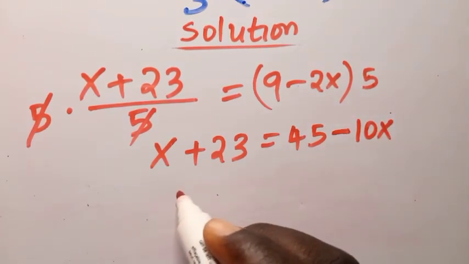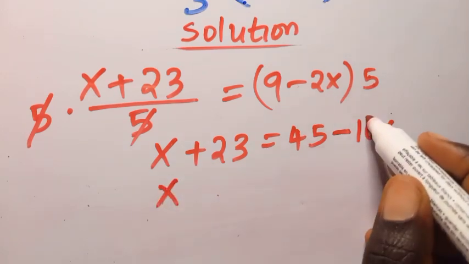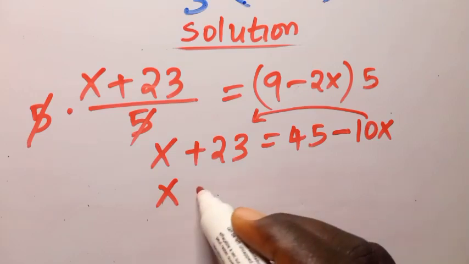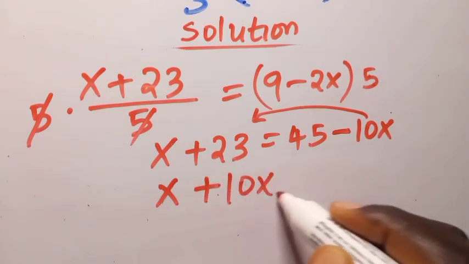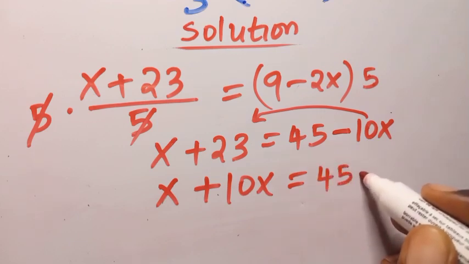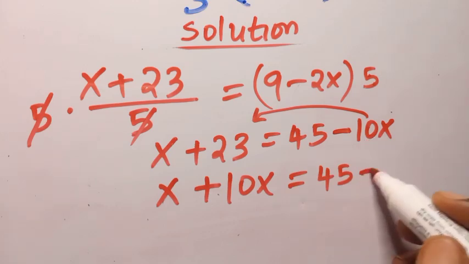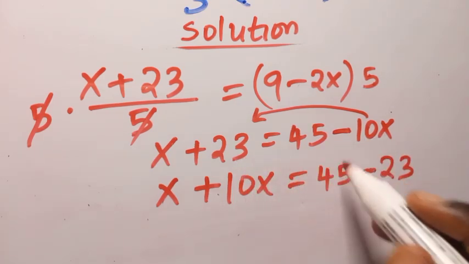Now from there, when this crosses the equal sign, it becomes positive, and therefore we shall have x plus 10x equals this 45 on our right-hand side. Then because this one is plus, it will be minus 23 because it also crosses the equal sign.